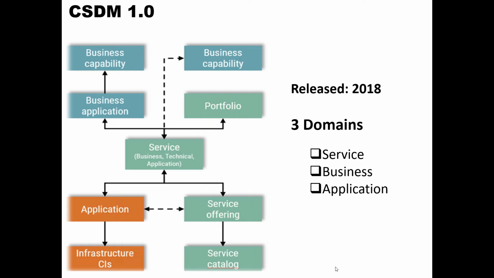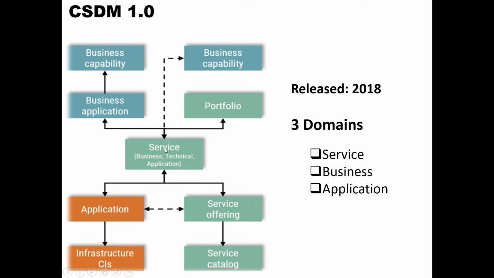So ServiceNow says, okay, I have a portfolio, I have an offering, and I have a catalog, the service catalog specifically. Then on the business side, business capabilities and business applications that we know were introduced here. And on the third part, they just introduced application and infra CIs and built a relationship. Okay, service offering links with the application, and service relates with the business capability.